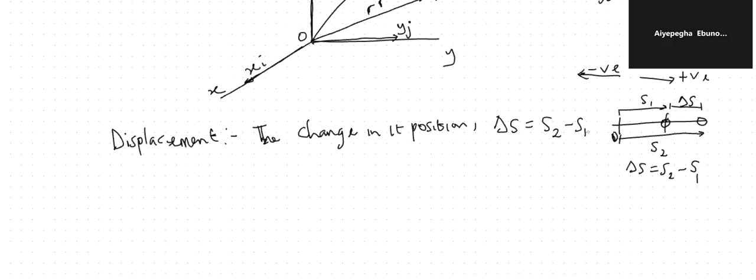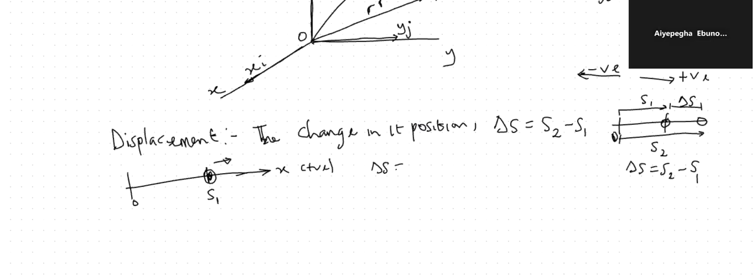Let's assume this is the origin, and initially this was the position, S1. Don't forget I've defined this as x and this is positive. If the final position of this particle moves towards the right, then my displacement is going to be positive.